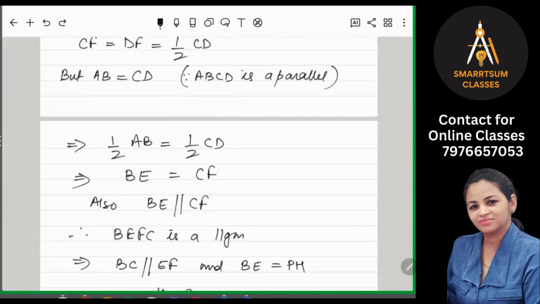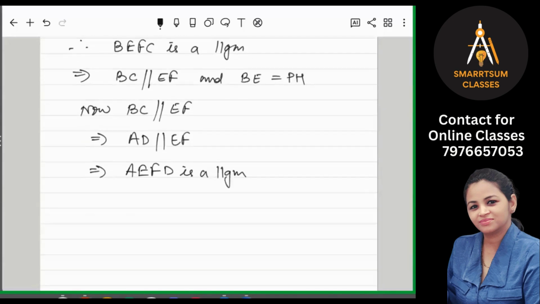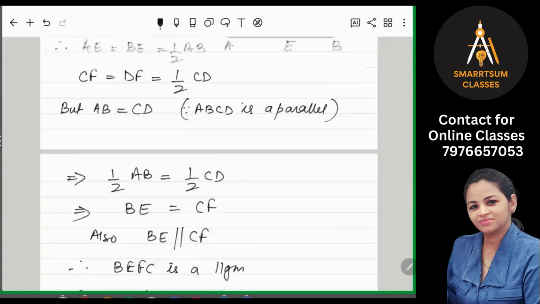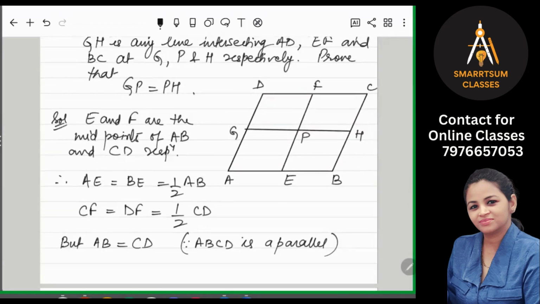So from here, we can say that AE is equal to GP, right? So suppose this is your equation number 1 and this is your equation number 2, right? So from here, we have proved that AE is equal to GP, right? But E is the midpoint of AB, right? And AE is equal to BE.